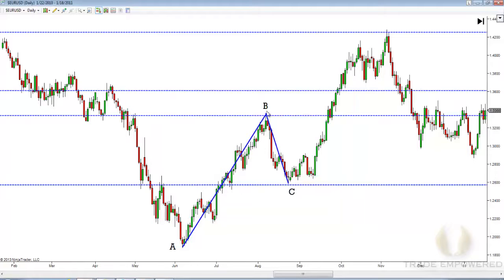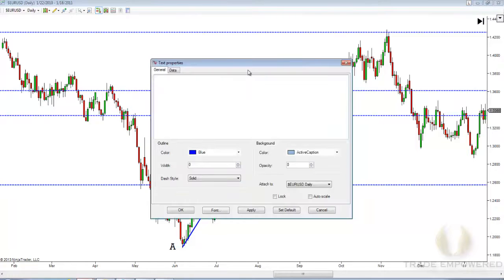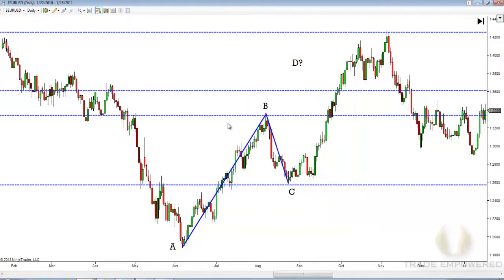In order to predict our D completion, what we can do is take our A to B move, copy and paste that, plug that onto our C move down here, and what do you know? Look at that. Price action comes right to that level before retracing. And again, it's a zone. You can see it spikes a little bit above, doesn't complete exactly at that level, but it's within that zone.